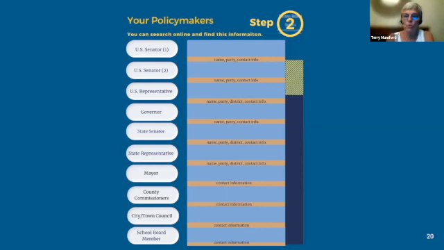If you have to say who your county commissioners are, you might think, well, these are my county commissioners, but what do they do? And then you might find out that your county commissioners are in charge of the roads in your area.